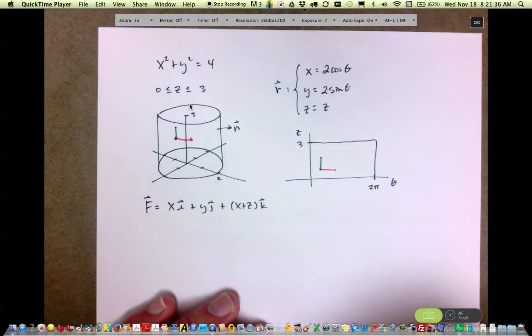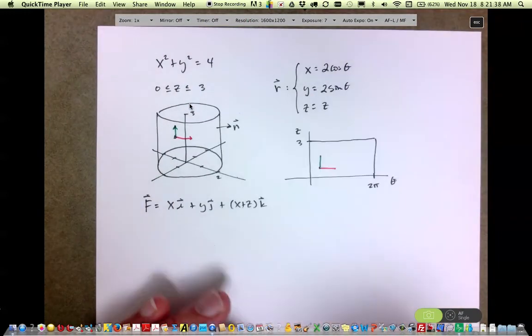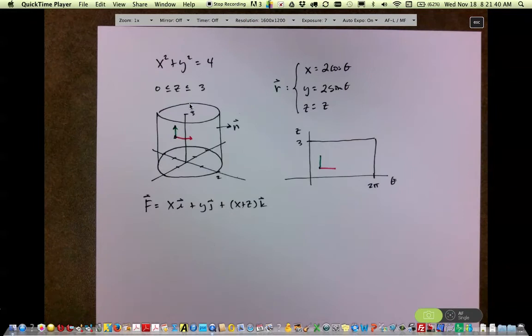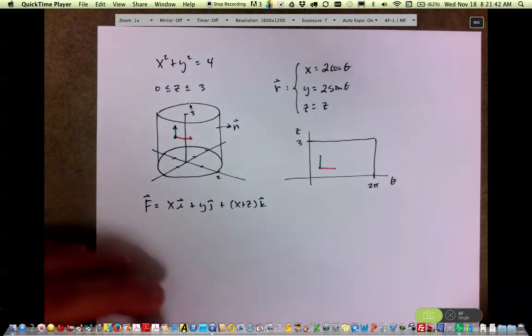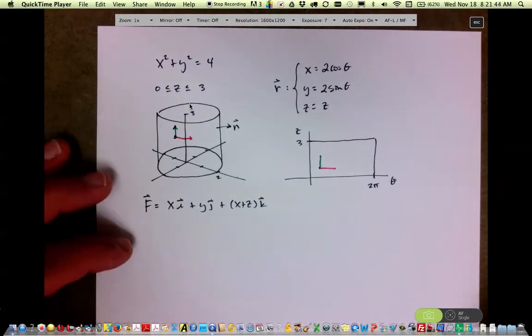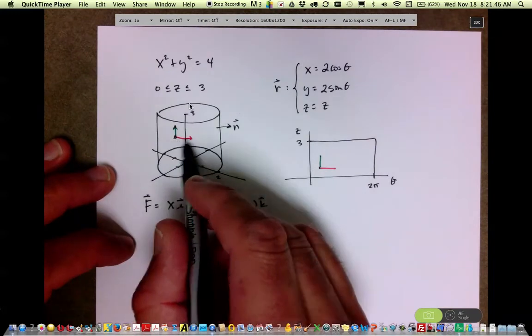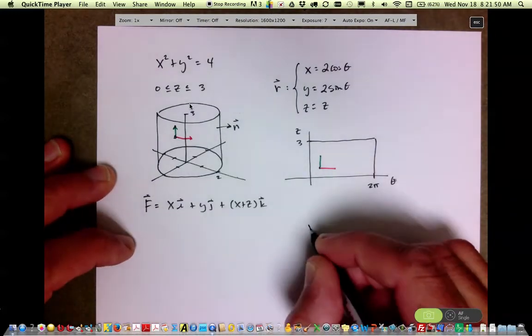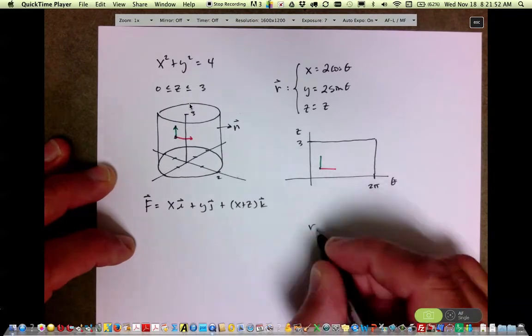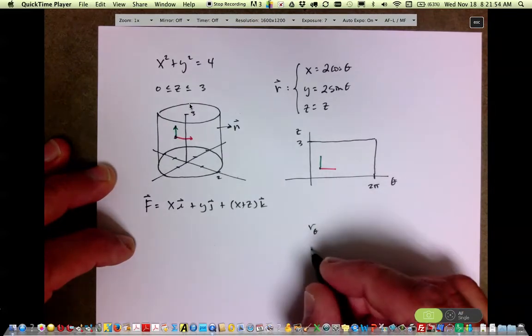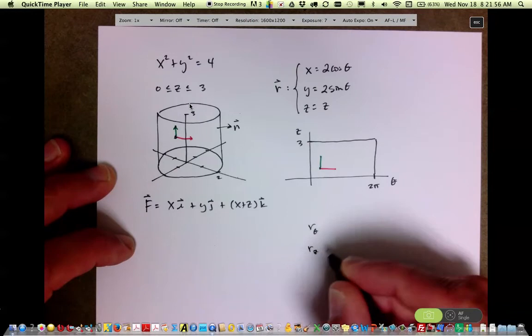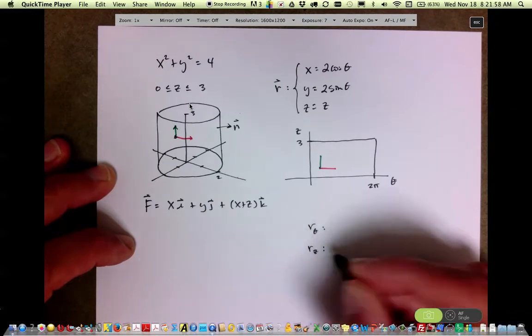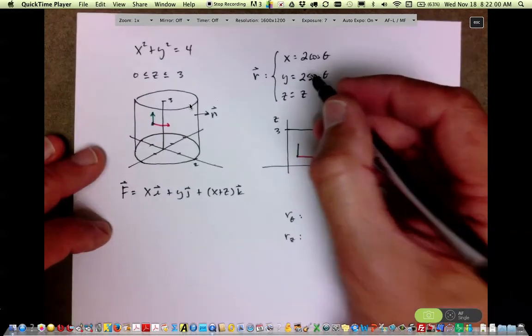Okay, so I think what I want to do here is take the cross product of these so that I get a vector that points outward. I want to take the red vector and cross it with the green vector. The red vector I would refer to as r theta, and the other vector would be r z. r theta is the derivative with respect to theta.